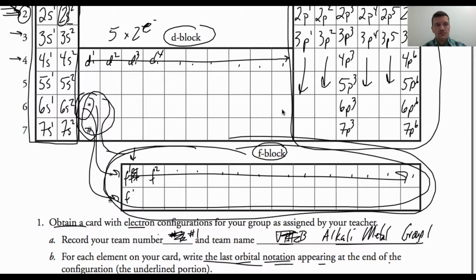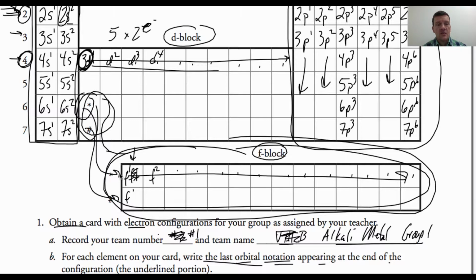Now, I will say something as we look at the energy levels. There's going to be a slight difference in the row number and the coefficient for D. After 4s, we actually start to fill 3D. So this is 3D1, 3D2, and so on. The energy level that we're filling in this D block area is always going to be 1 less than the row number.